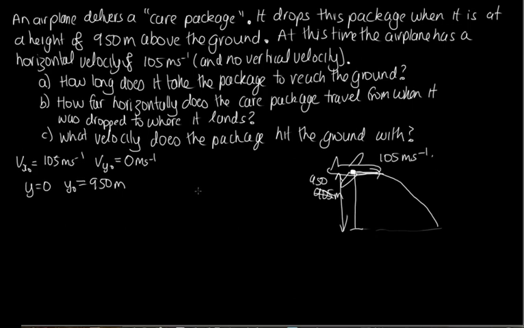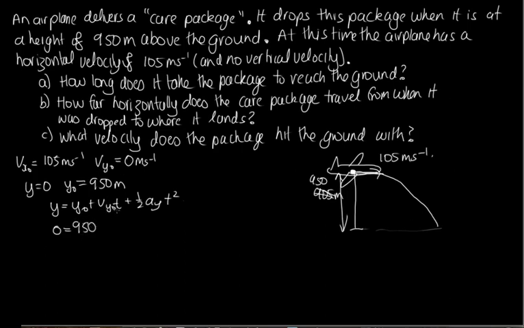So we're going to need to use our second kinematic equation, y is equal to y naught plus vy naught t plus a half ay t squared, to work out the time it takes for the package to hit the ground. So we have that y is 0, it starts at a height of 950 meters.